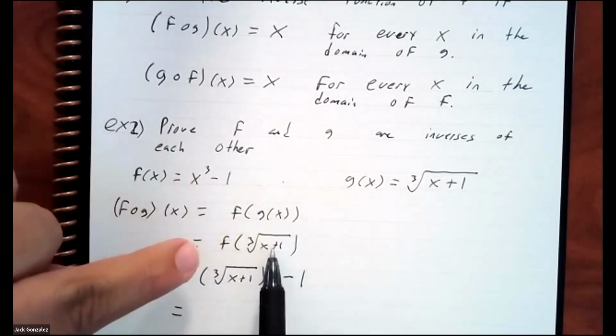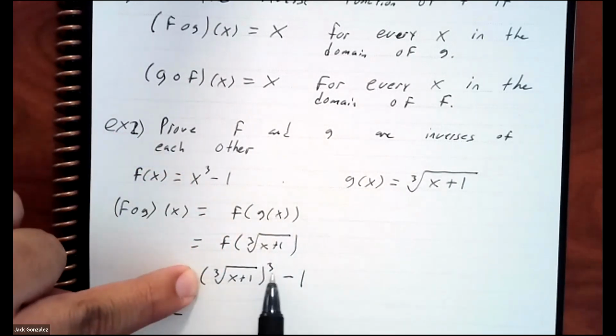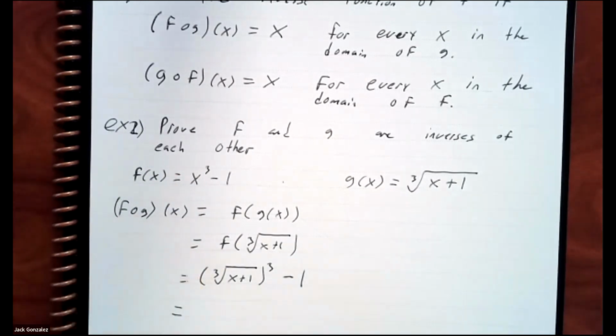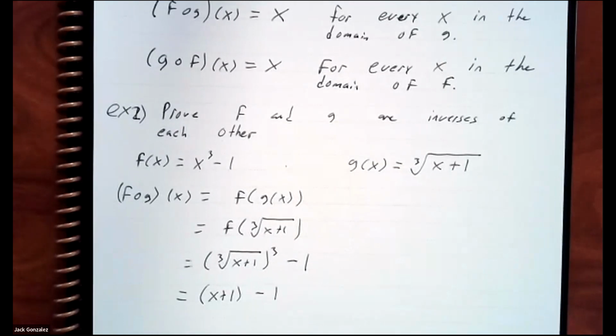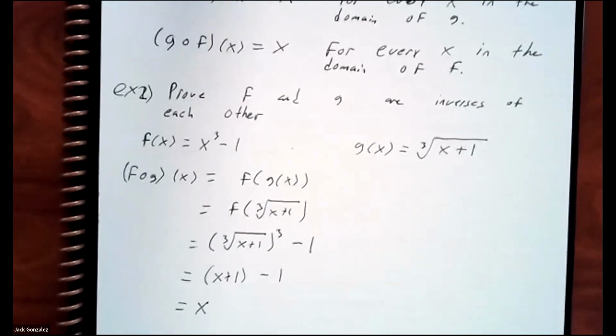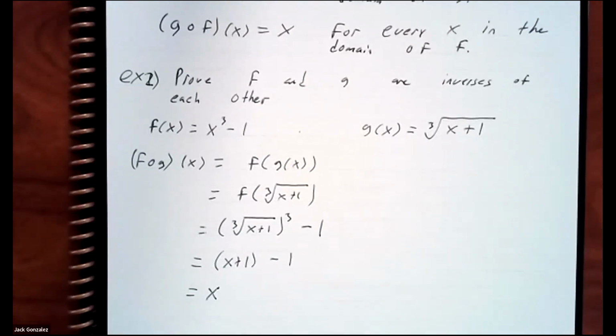Once it's in there, do you see that the cube and cube root will cancel? Right, they're opposite functions. So you'll end up with just this. And then x plus 1 minus 1 is just an x. That's what we want to see. Just an x. Once you get the x, then we've shown in one direction that it's true.